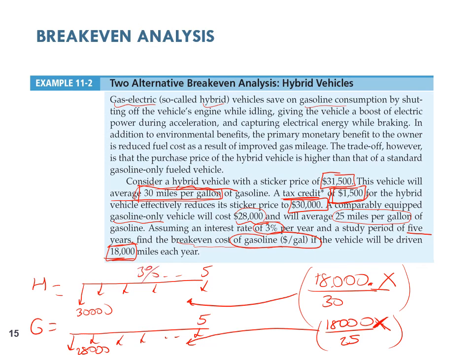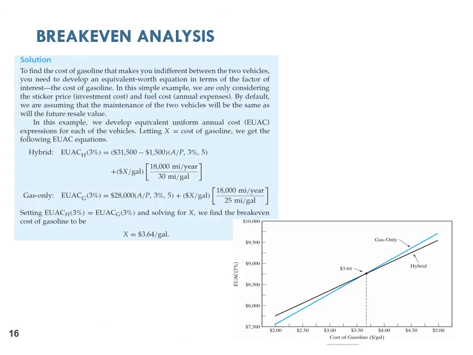Now the only thing is to find the equivalent worth. It can be present worth, annual worth, and so on, of the first alternative and the second one, and make them equal to each other and find the value of x. If you do this for hybrid, this is the calculation, and for gasoline only, this is the calculation.